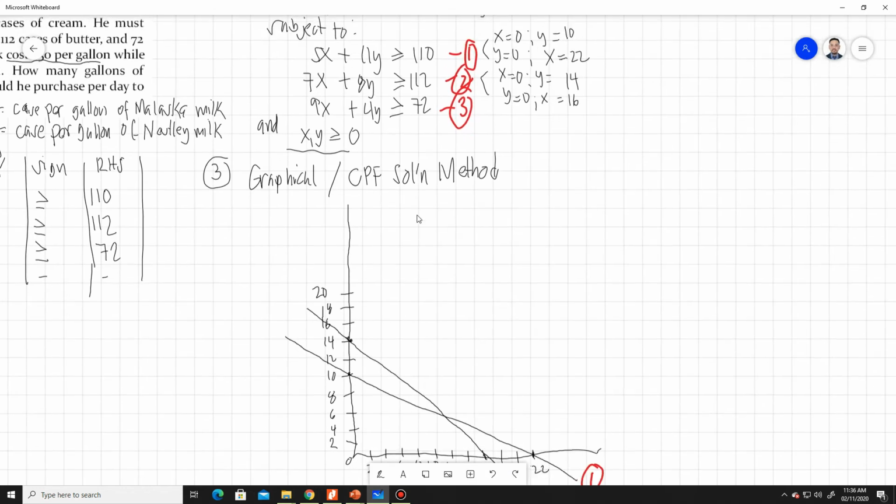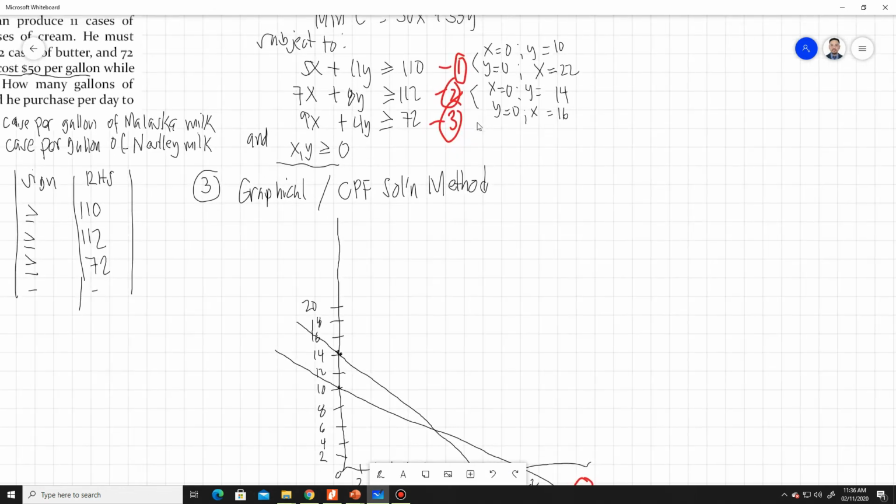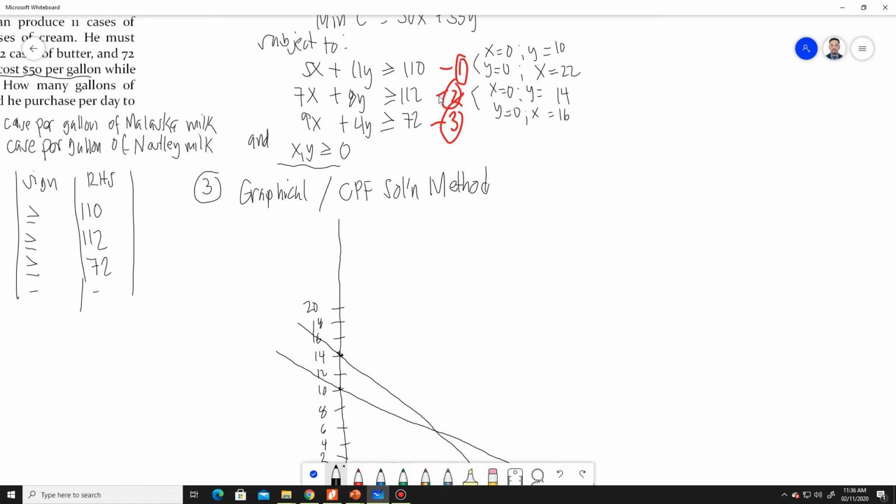And for the last constraint, if x is 0, y is 18. When y is 0, x is 8.